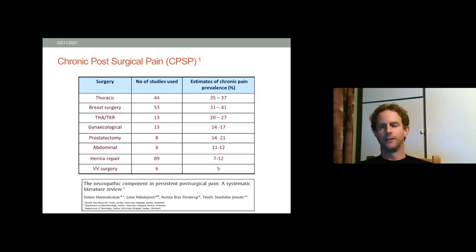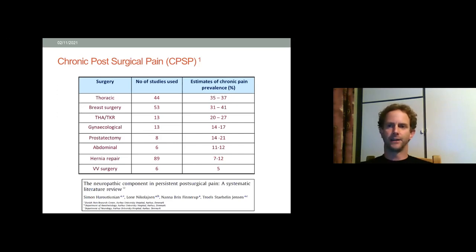So the most common surgery to get chronic post-surgical pain is thoracic surgery. And I think these are actually quite conservative numbers. This systematic review showed that after thoracic surgery, about 40% of people suffer from chronic pain, about 40% after breast surgery, 30% after knee or hip replacements.